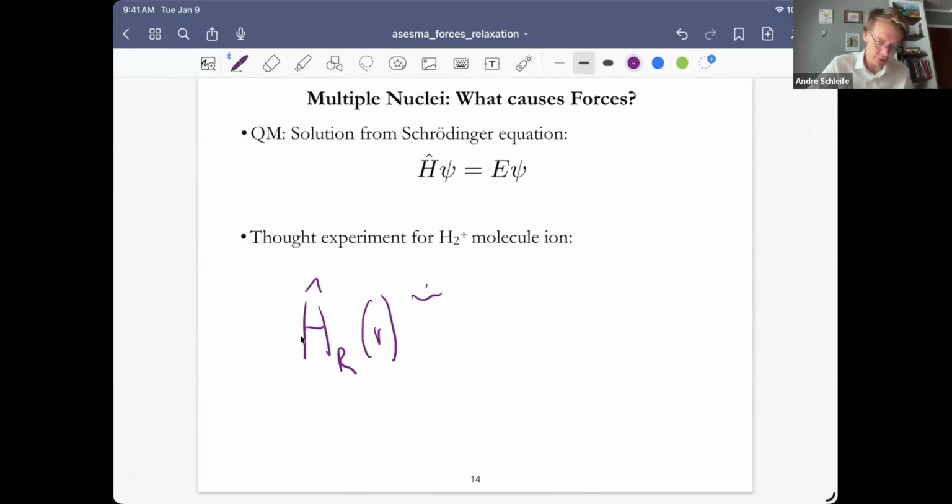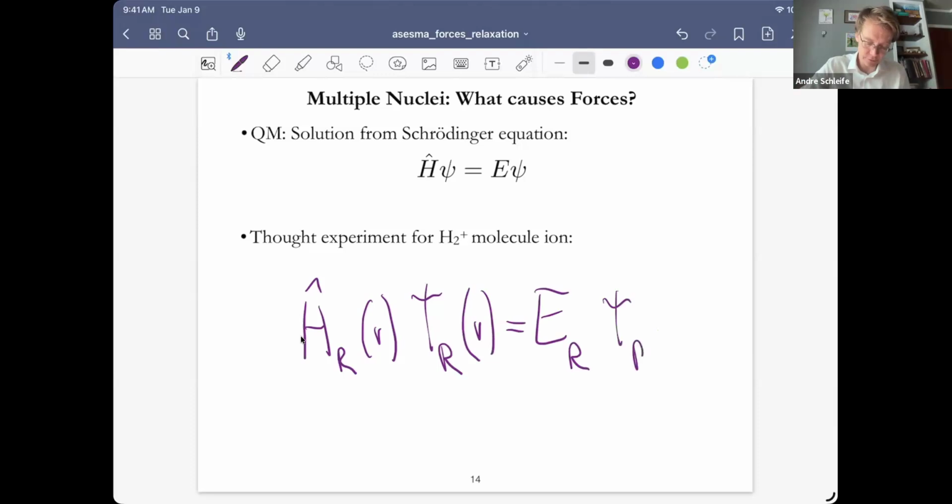The wave function has a parameter of the distance of the nuclei, and it depends on the electron coordinate, and that is equal to the energy as a function of the parameter times the wave function. That is our Schrödinger equation that we want to solve, but we have a parameter which is the distance. That's all I'm going to say, actually.